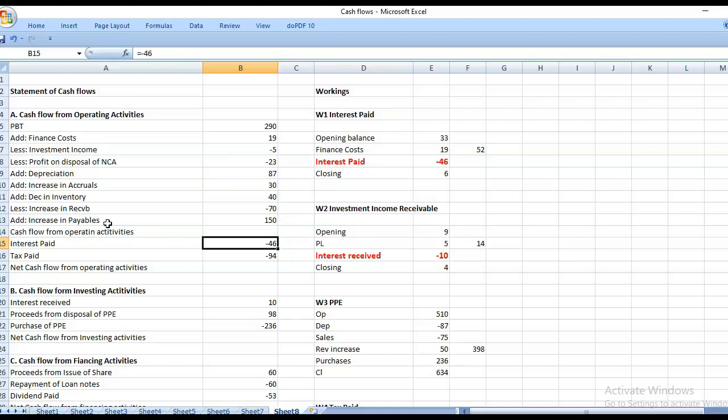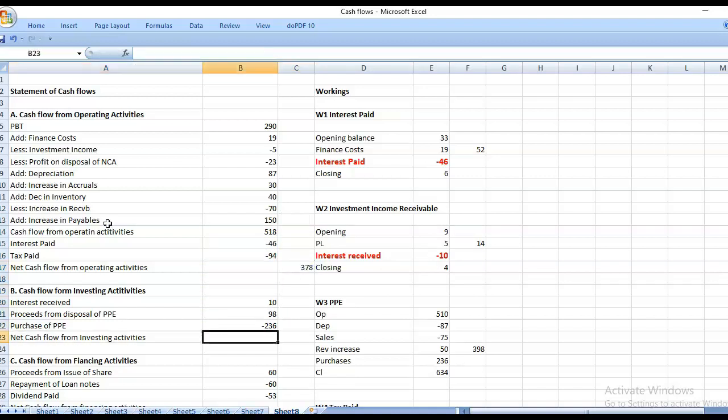So I'll get cash flow from operating activities, and I'll get net cash flow from operating activities. What I have to do is just take the sum till the subtotal of 518. So I'm getting 378.